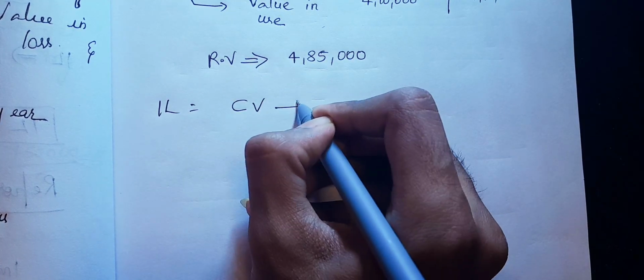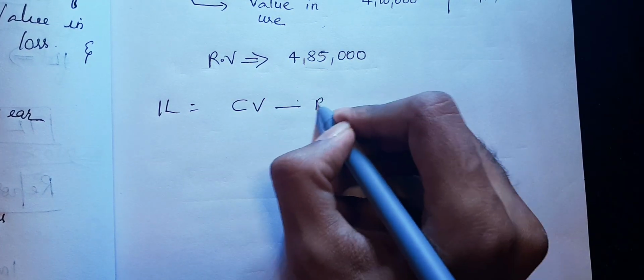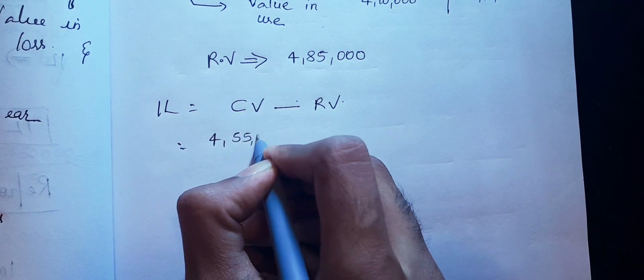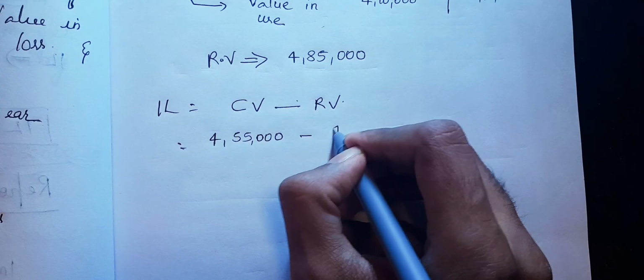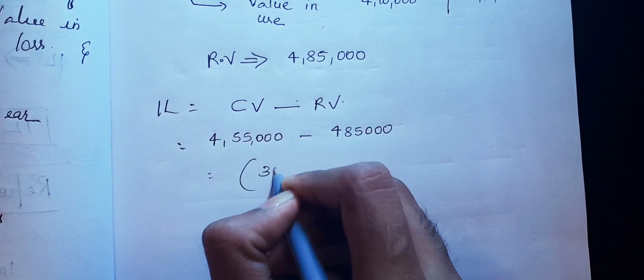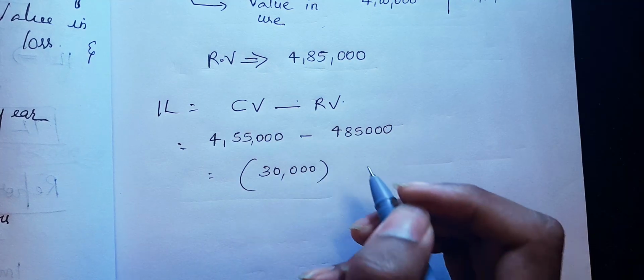The formula to find out impairment loss is carrying value minus recoverable value. Carrying value is 4,55,000 minus recoverable value is 4,85,000. You will get a negative balance of 30,000 rupees.